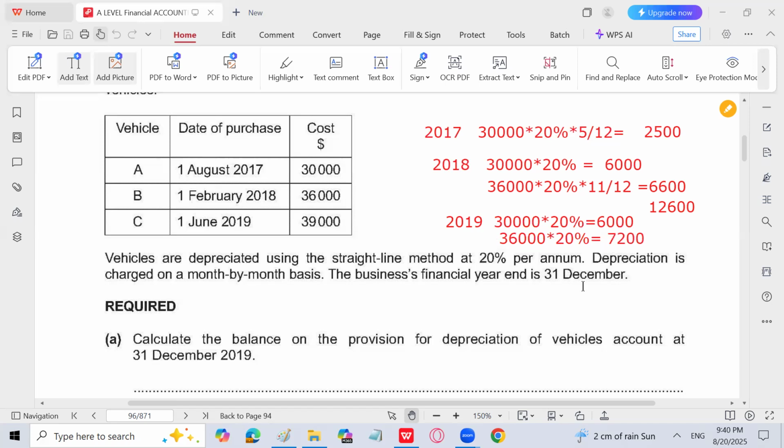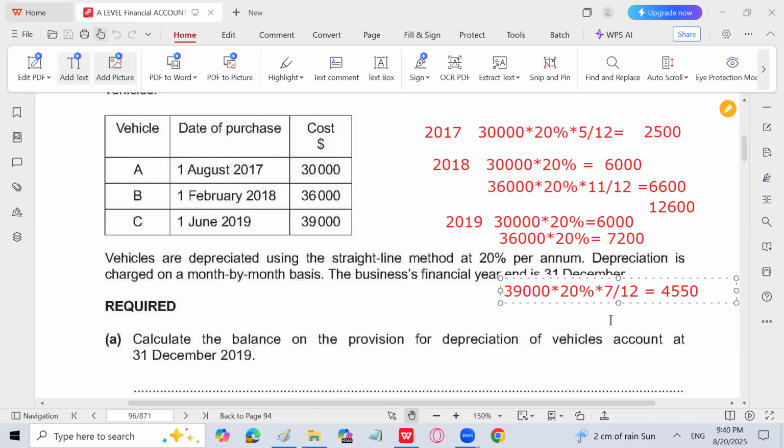So 36,000 into 20%, 7,200. And we have purchased another asset in 2019 for 39,000 cost into 20%, purchased on 1st June. So let's calculate it on a monthly basis. June, July, August, September, October, November, December. It becomes 7 months. So into 7 over 12, 4,550.